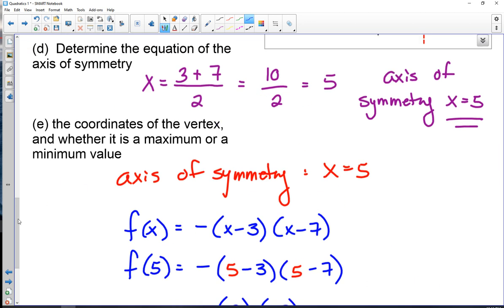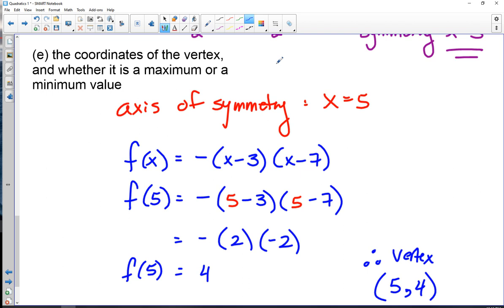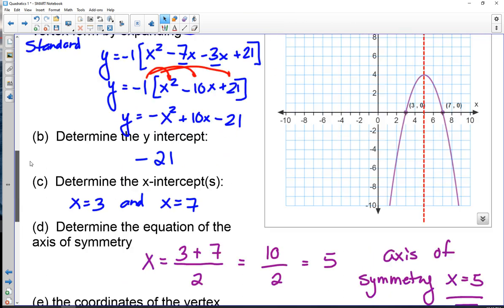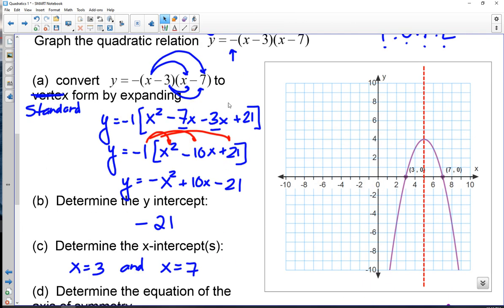Because this parabola opens down, we know that this vertex has a maximum value of 4. All right, and here it is. In the graph, we can see it right here. So there's the vertex of x equals 5, y equals 4.